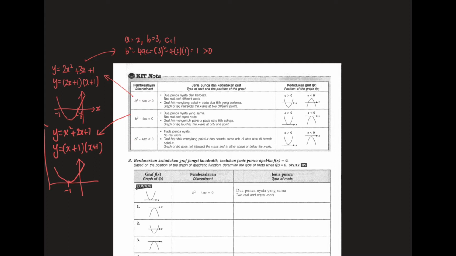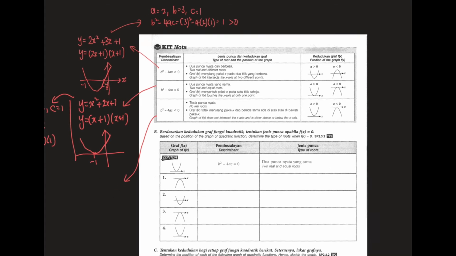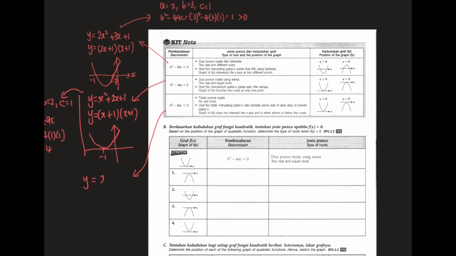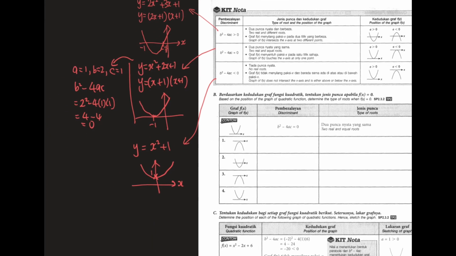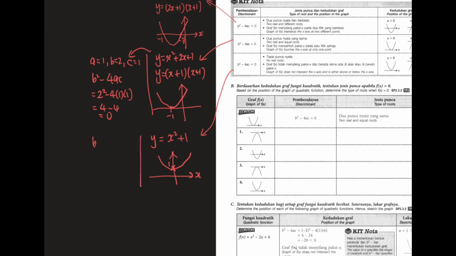Let's say one example. If I have y equals x squared plus 1, the graph is going to be like this, where here is 1. If I count b squared minus 4ac for this function, a is 1, b is 0, c is 1.